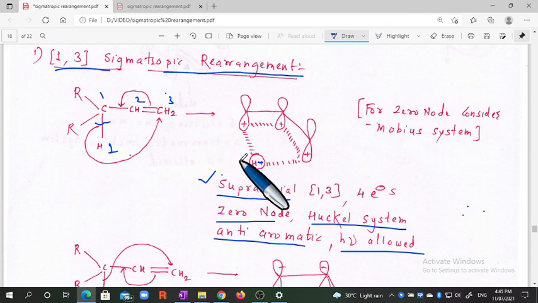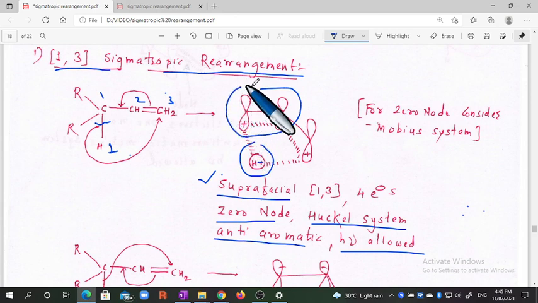In this case, there is no node. Therefore, 2 electrons for this hydrogen and 2 electrons for the double bond, a total of 4 electrons, and we know that these 4 electrons can be delocalized, and such a system is called anti-aromatic.